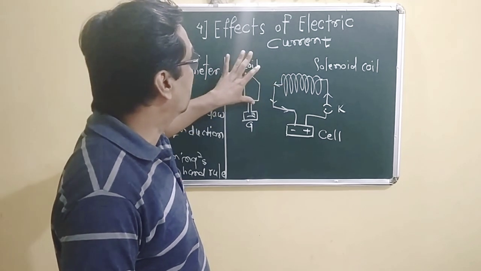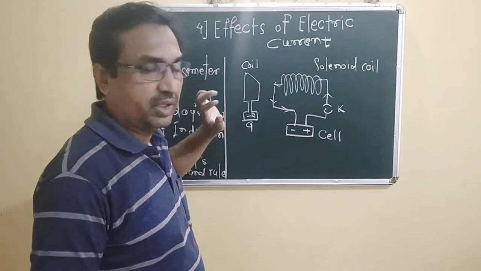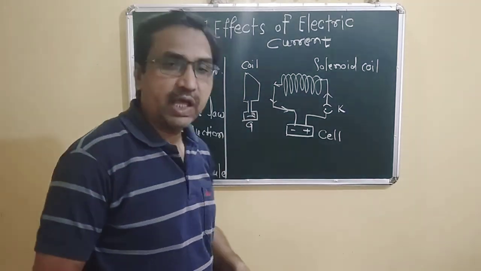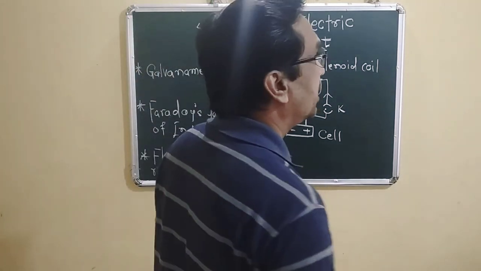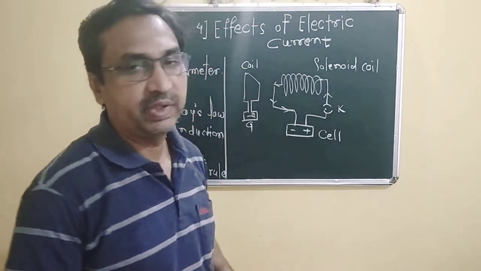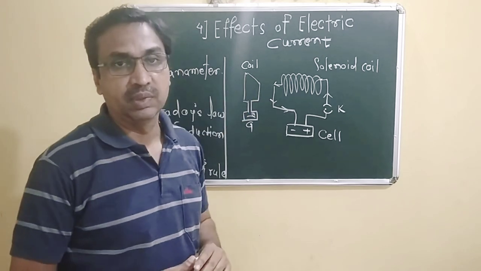In its neighborhood, we keep a coil, and the coil is attached to a galvanometer. The purpose of connecting the galvanometer here is to show the direction of electric current flowing in the coil.